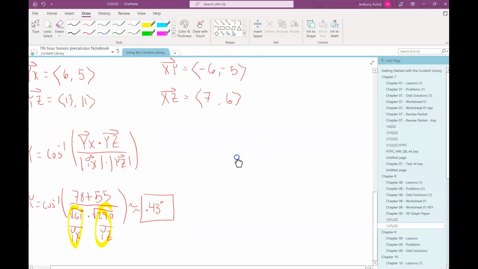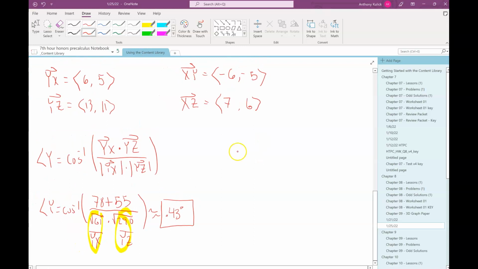So now I'm just going to repeat the same process here with this guy. So this is going to give me angle x. Negative 6 times 7 is negative 42. And then negative 5 times 6 is negative 30. This we already did. That was the square root of 61. And then 7 squared is 49 plus 6 squared, which is 36. So that's 85.